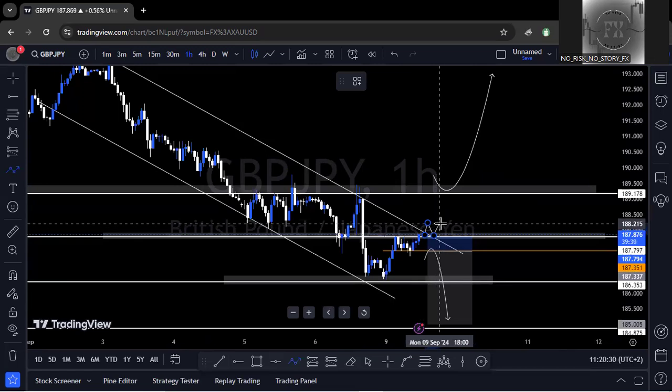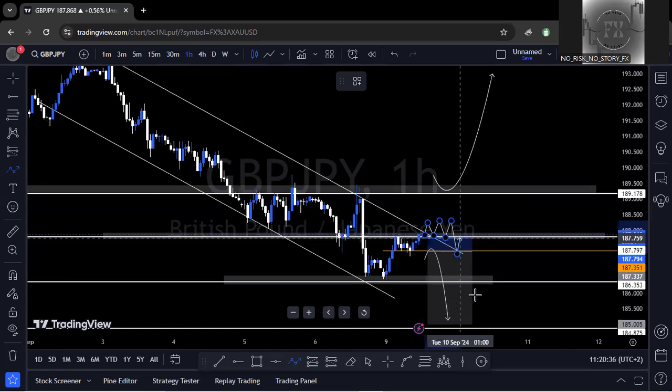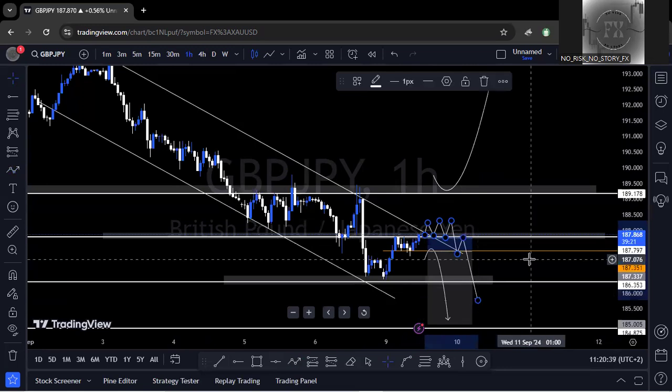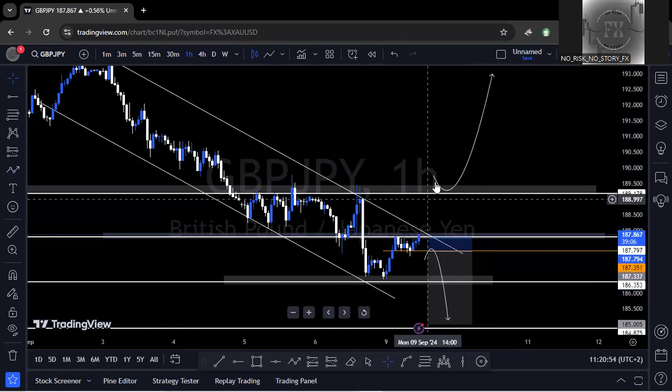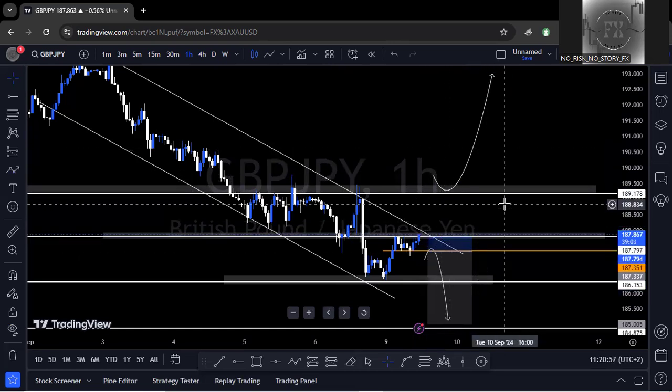Then it will do something like this, then come back, then phew, go to the downside. See? So it's very important to remain patient. You should wait for this market to come back here, or just continue to the upside.